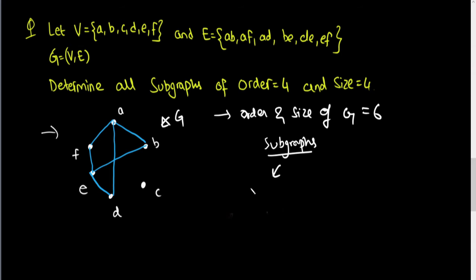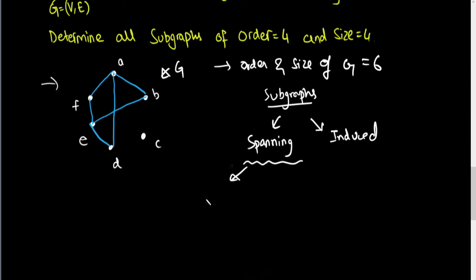They can either be spanning subgraph or induced. So let's first find out all the spanning subgraphs, if any, that are possible. If you remember, the first condition for a spanning subgraph is that vertex of H should be equal to vertex of G, right? The number of vertices, to be precise.